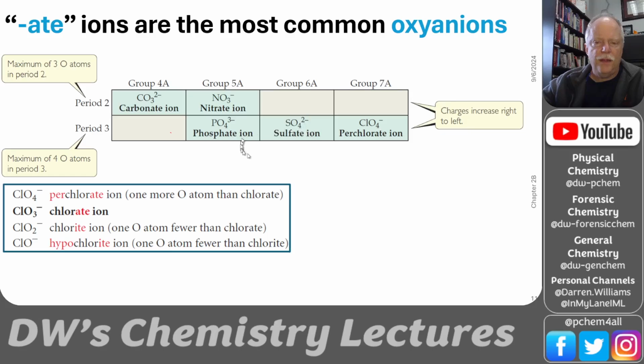Now, there's lots of other versions of this. Let's just take this perchlorate one. There's a chlorate, and there's a perchlorate. Notice the chlorate is the most common form. And I'll call this the base model, right?